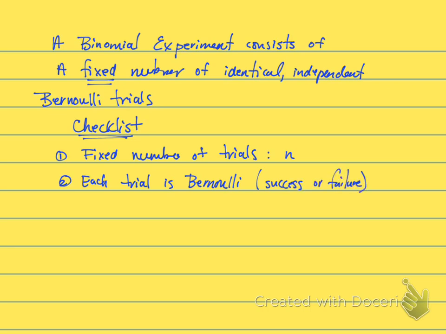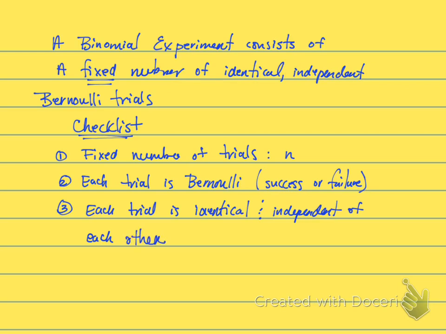And the last one is that each trial is identical, that is, they're the same by Bernoulli, and they're independent of each other. So if I'm performing 10 Bernoulli trials, what happens on the first one has no bearing on the next, which has no bearing on the next, and so on. Those three things need to be verified before you conclude that it's a binomial experiment.